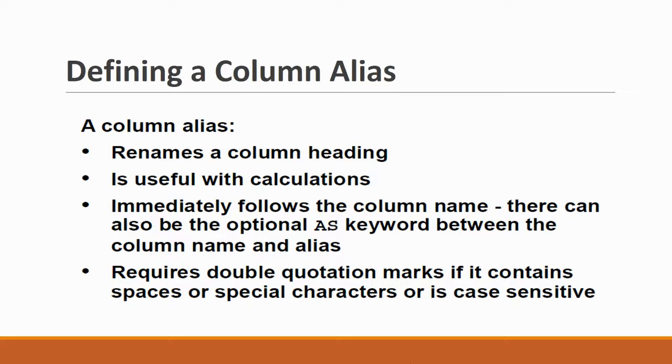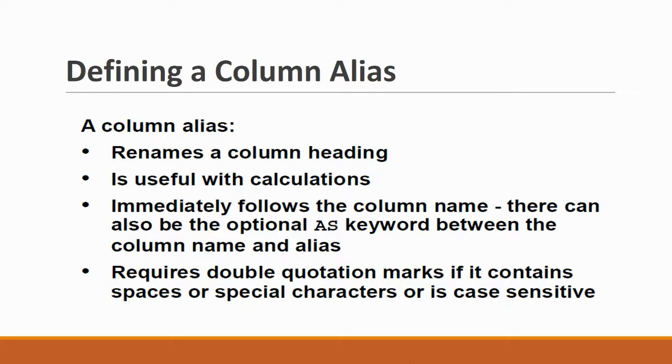When displaying the result of a query, the system normally uses the name of the selected column as the column heading. This heading may not be descriptive and hence may be difficult to understand. You can change a column heading by using a column alias.